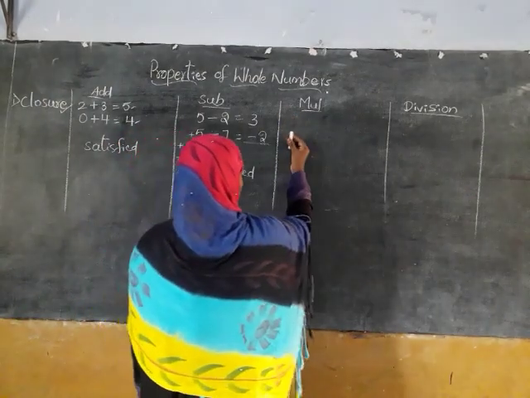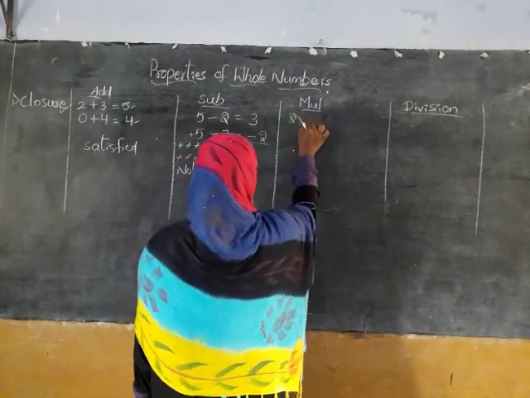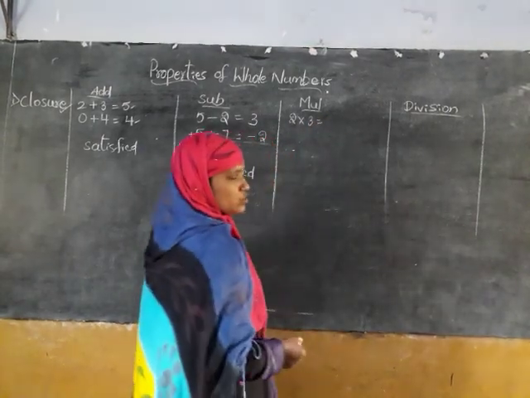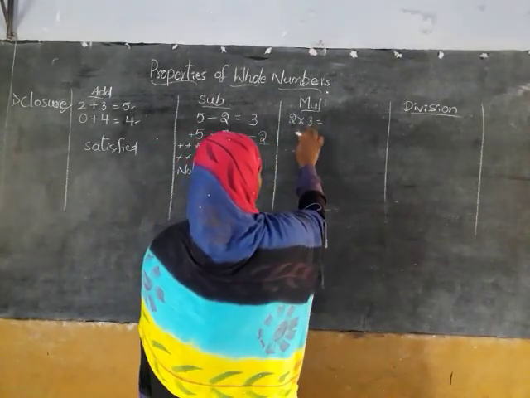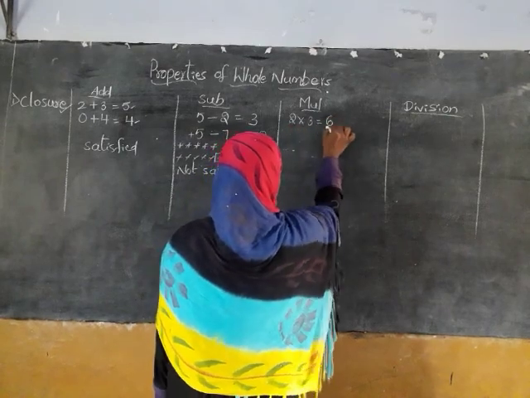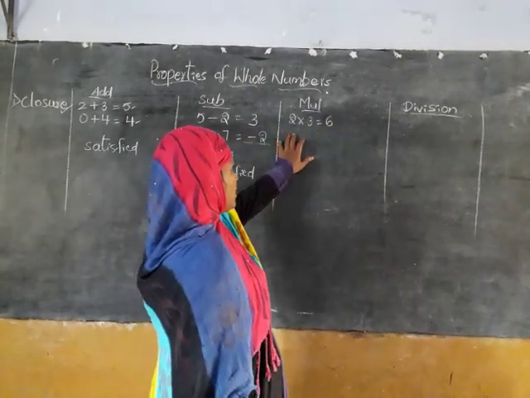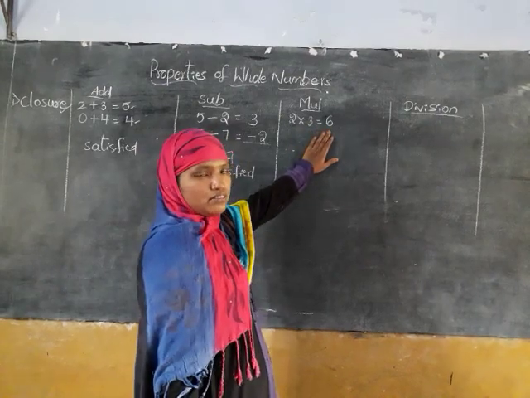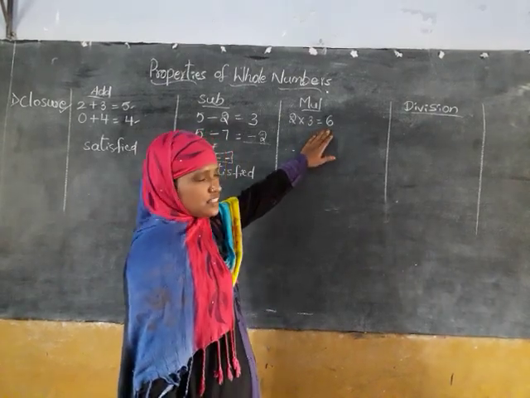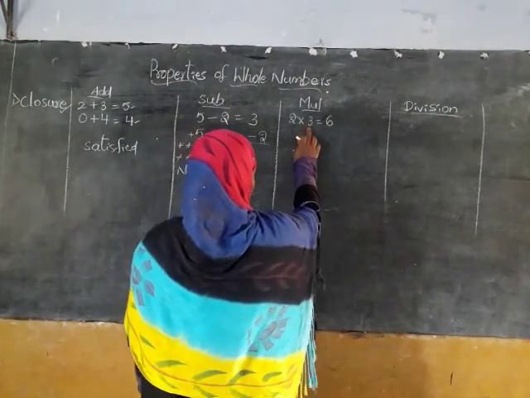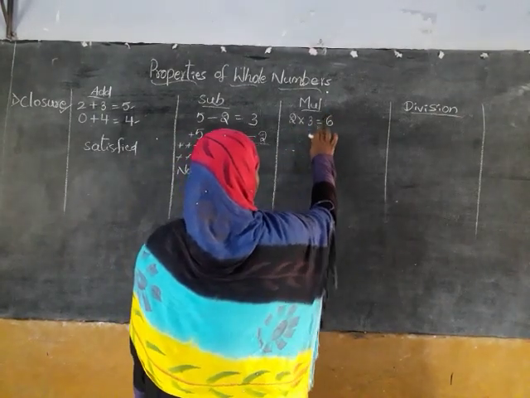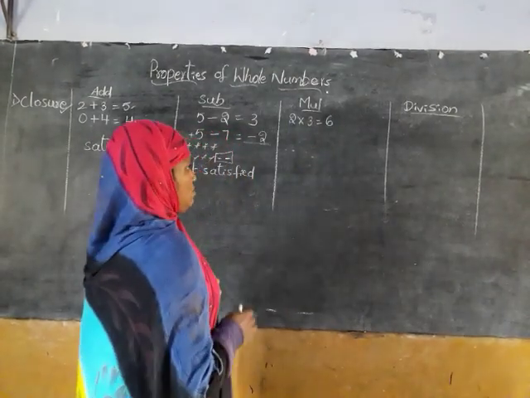Now multiplication. Suppose you take the number 2 and another number 3. What is the multiplication of 2 and 3? 2 threes are 6. 2 is a whole number, 3 is a whole number, and the answer is also a whole number, because 6 is in the set of whole numbers.